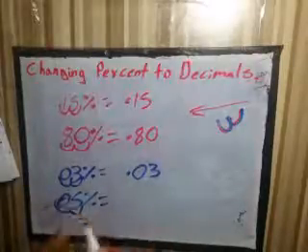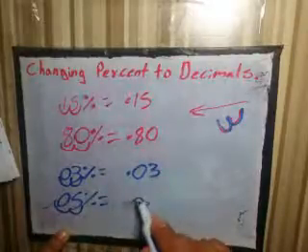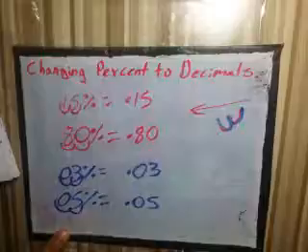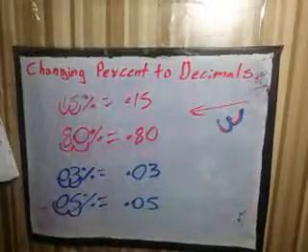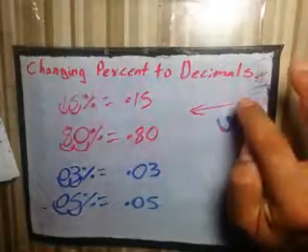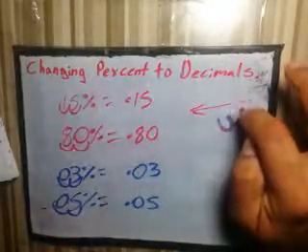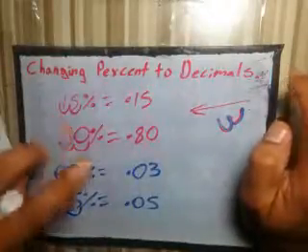So we added a 0 and it will be 0.05. Is that so simple? It's not too hard. The only thing you have to remember is to move two places to the left when you're turning percent to decimals.